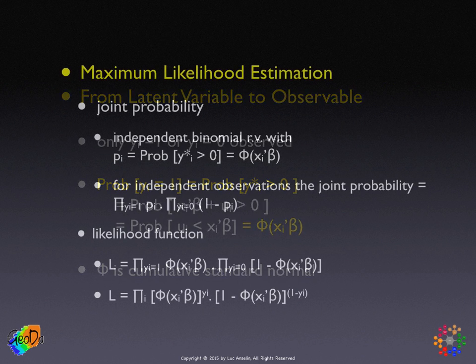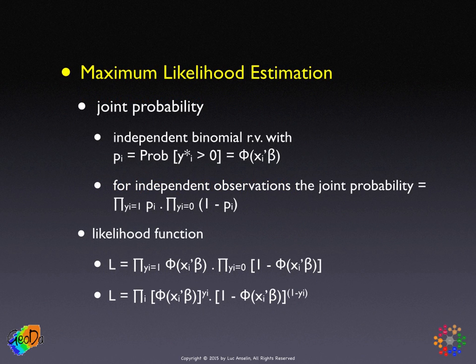Estimation of the Probit model is typically done by maximum likelihood, but that's not the only way to do it. I just present it here to give you a frame of reference before we move to estimation of the spatial model.